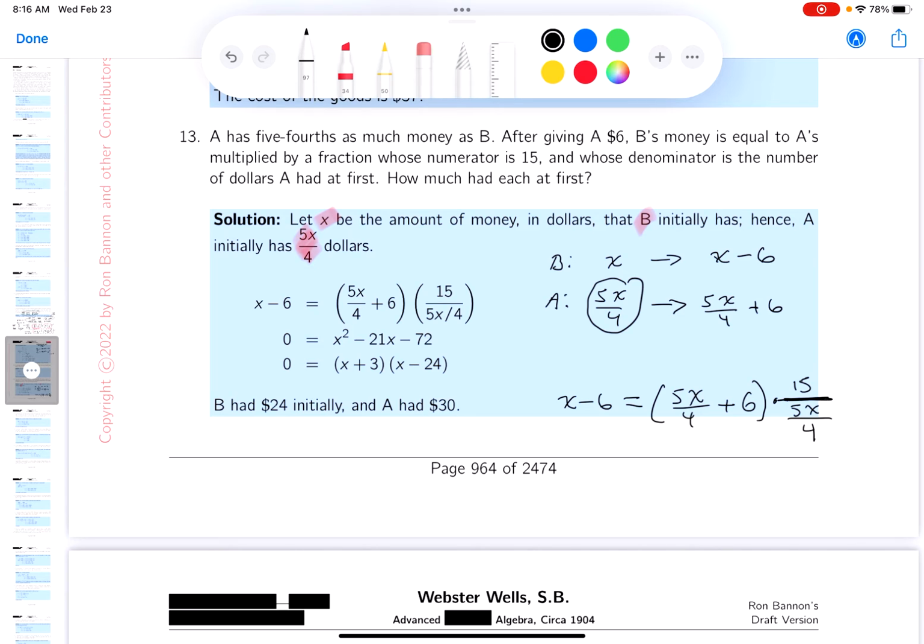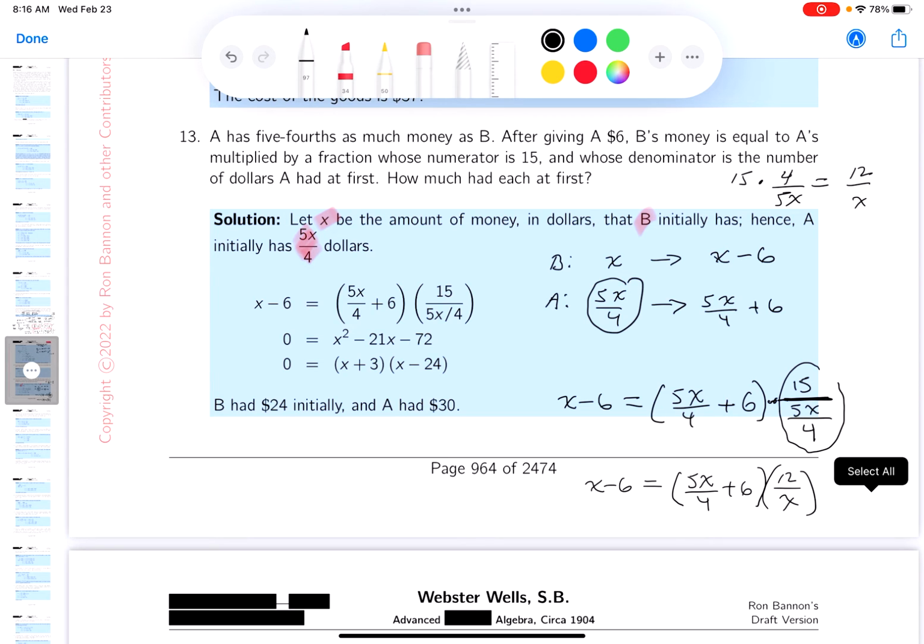This looks awful. I'm going to clean it up. x minus 6 equals 5x/4 plus 6. And I want to point out, if you're making mistakes, try not to make too many mistakes. But this would be 4 over 5x. What do you get there? Well, let's see. 5 goes into 15 3 times, so you get 12 over x. I'll write that down now.